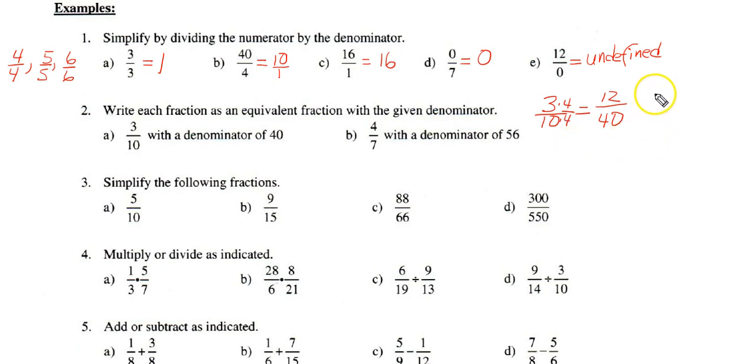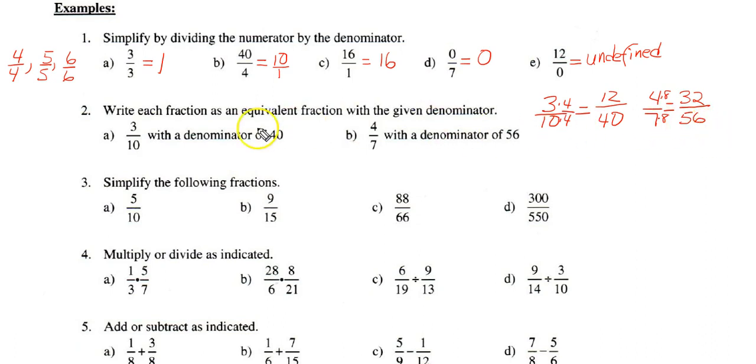Now the next one is 4 sevenths, and we want it to have a denominator of 56. Well, what form of 1 will we multiply this fraction by to end up with a 56? And if you said 8 over 8, that is correct. 4 times 8 is 32.